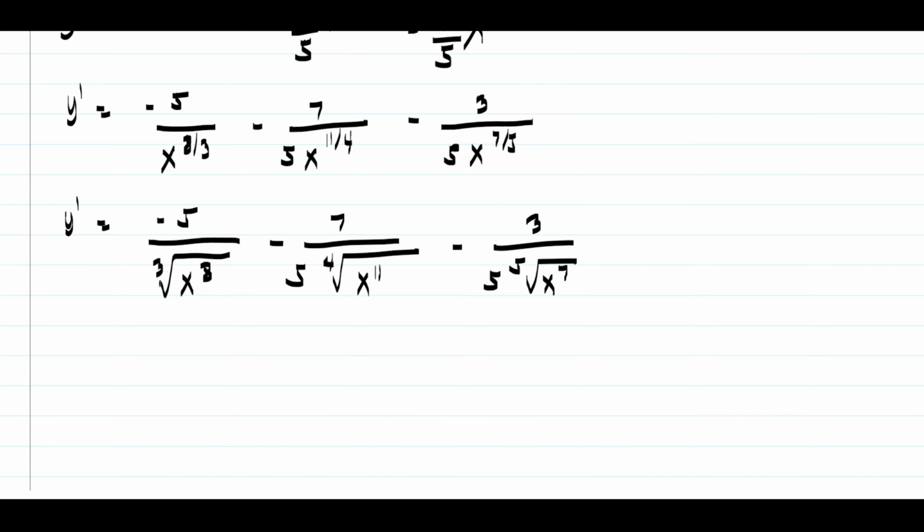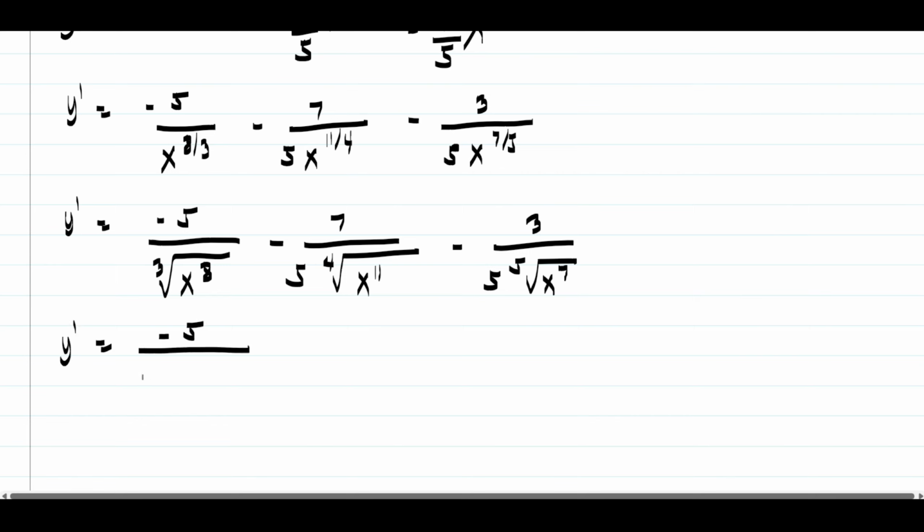On the first expression, since our index is 3, we are going to cut x raised to 8 by exponent 3 because our index is 3. So we have y prime equals negative 5 over cube root of x cubed, x cubed, x squared. So if you're going to add up the exponent, it will give us 8.